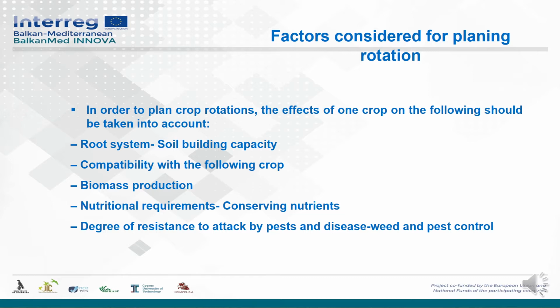We discussed, for example, root system building capacity, compatibility with the following crop, biomass production, nutritional requirements, and it is important to introduce in the rotation plan the crops or plants that conserve the nutrients, except the ones that take more nutrients from the soil.